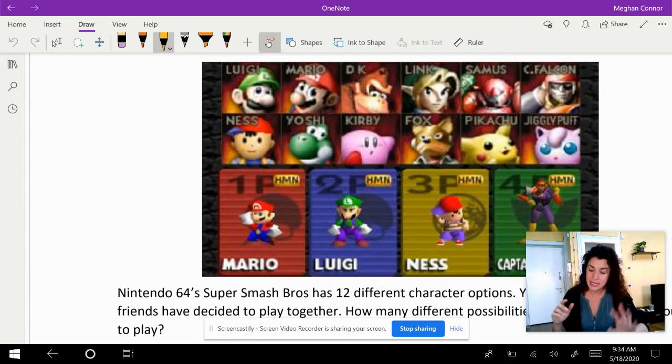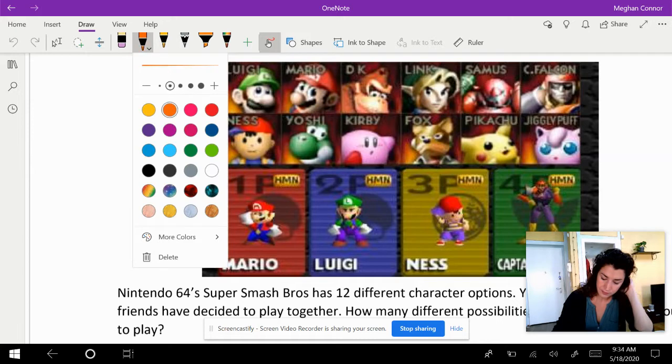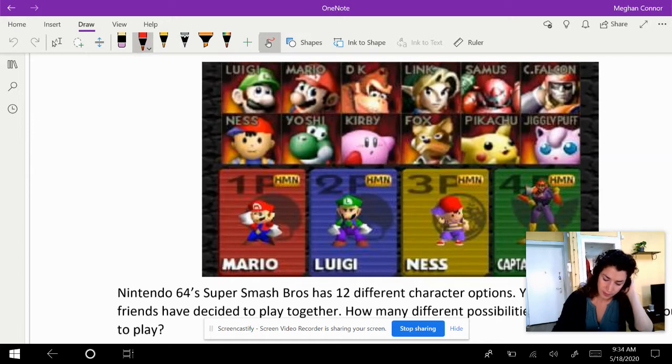So let's say that we chose Mario as the first character. Now, that could be the first character, and then the second one could also be Mario. With Super Smash Bros., you could have everybody be Mario if you wanted to.